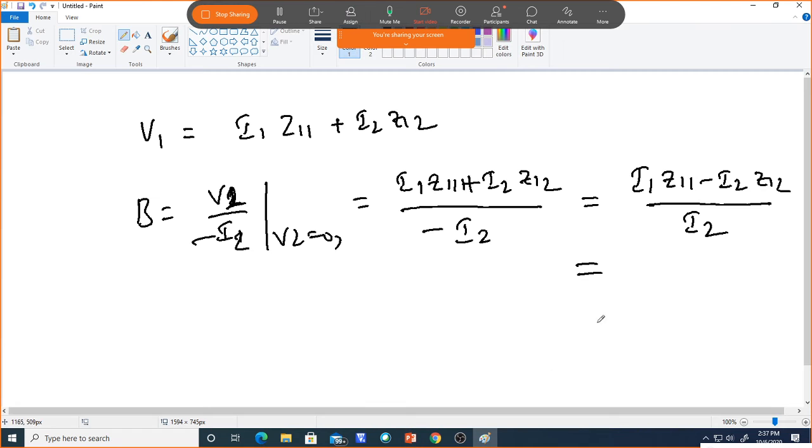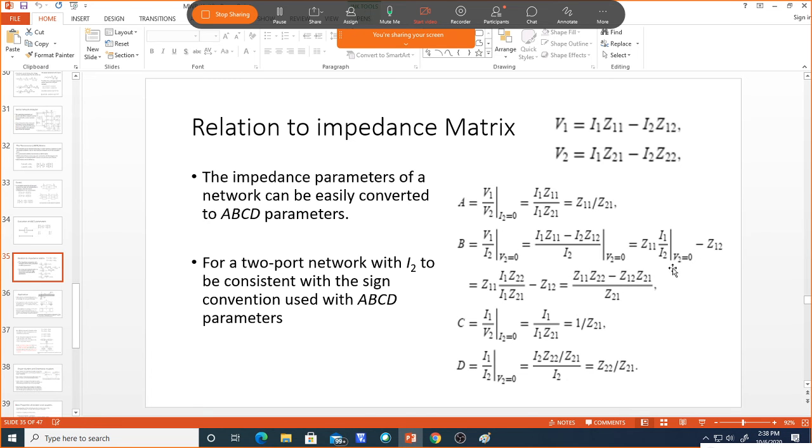If you split this one, that is I1 by I2 into Z11 minus I2 by I2 into Z12. Now when V2 is 0, here I1 by I2 into Z11.